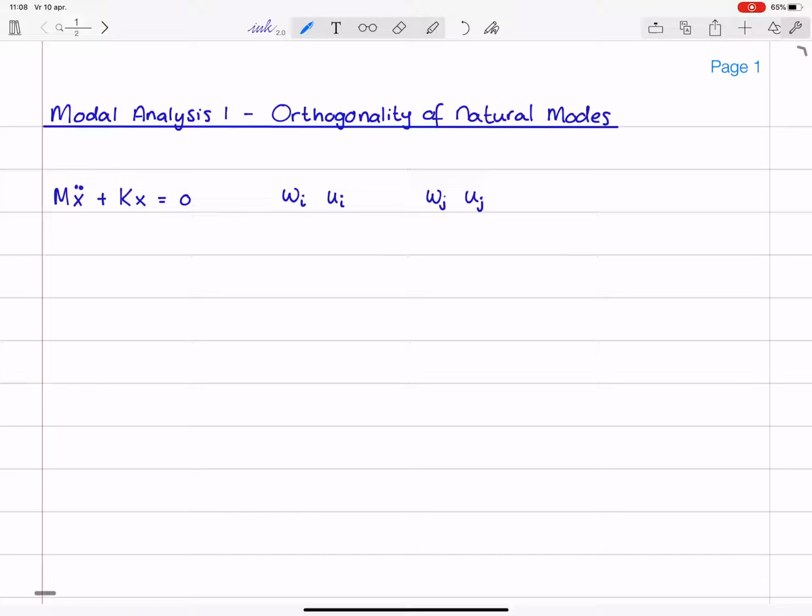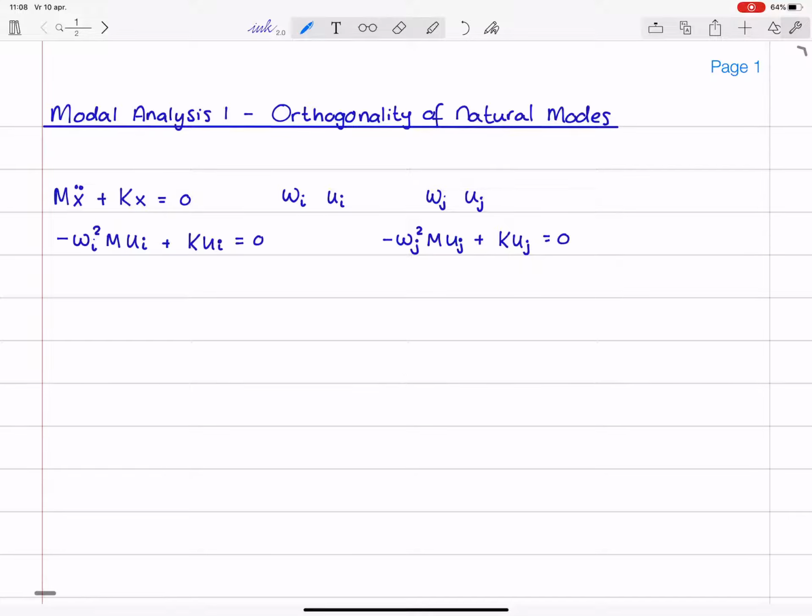For that, it's important to recall that because the natural frequencies and natural modes are determined from an eigenvalue problem, they satisfy the following equations. So minus omega i squared times M times u_i plus K times u_i is equal to 0. And similarly, minus omega j squared times M times u_j plus K times u_j is equal to 0 as well.